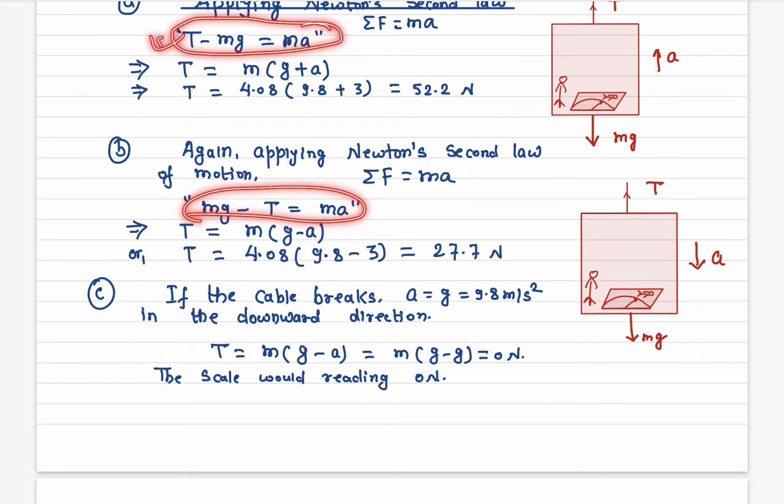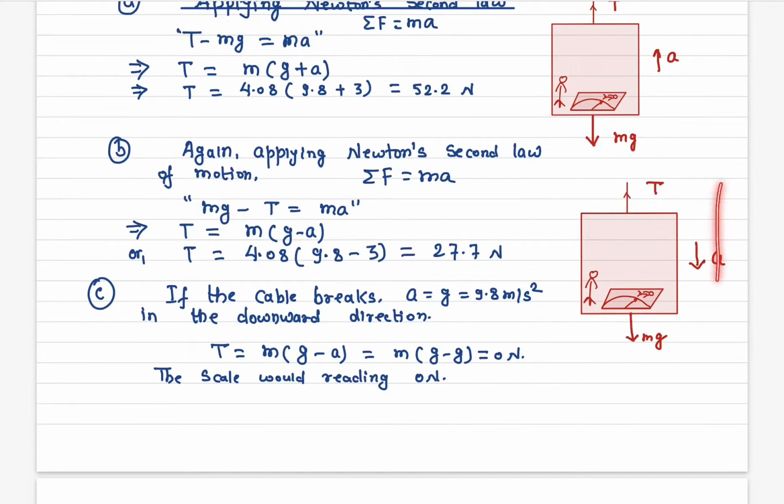When it is going up, we write T minus mg. When it is going down, we just take this force minus this force. When it goes up, we take this force minus this force. So for going down, it is mg minus T equals ma. And then T equals m(g minus a). Mass is given 4.08. g value is 9.8. a is 3. If you solve it, you'll get 27.7 Newton.